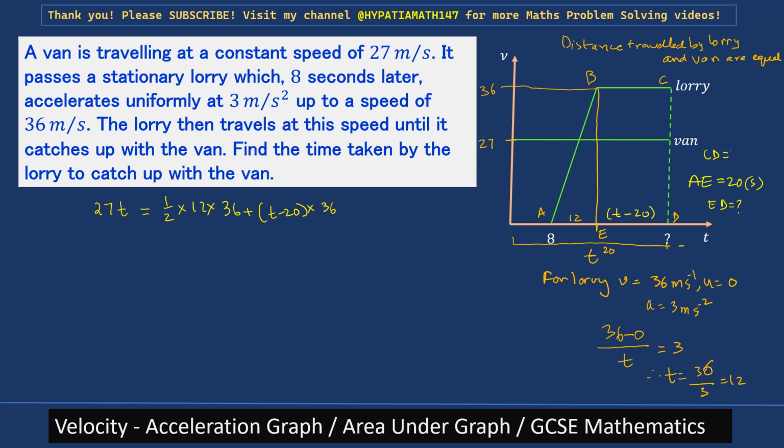This is the area under the graph for the lorry, and this is the distance traveled by the van.